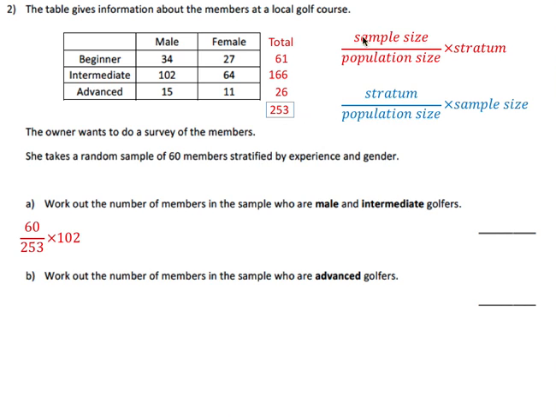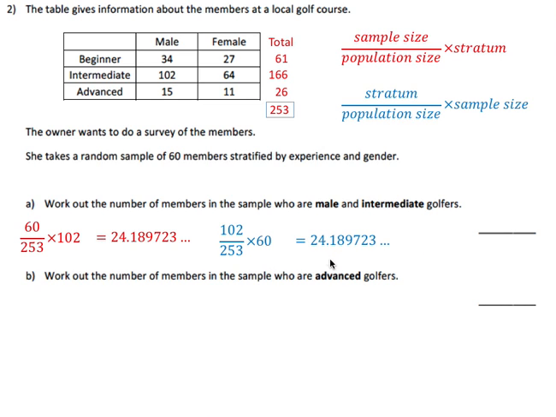Okay, so using this red formula, if we do the sample size, 60, divided by the population size, and then times that by 102, we get 24.189 and so on. Okay, and if we do this method, if we do the stratum that we're talking about, 102 divided by the population, 253, so that means 102 out of a potential 253, and then times that by the sample size, we get the same thing.